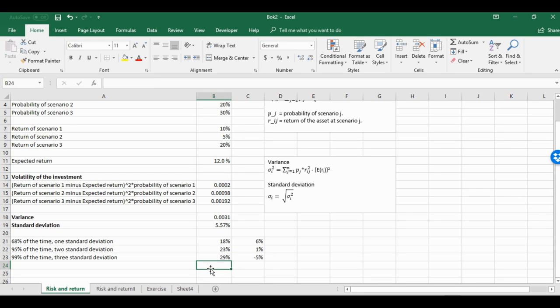So 95% of the time, the return will be between 23% and 1%. 99% of the time, the return will be between 29% and minus 5%.